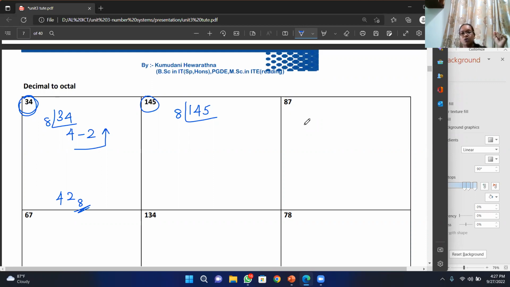O level, those who have done these things in your O levels, just do all of this now. You can quickly do this now.